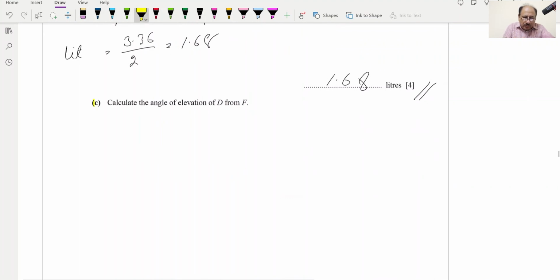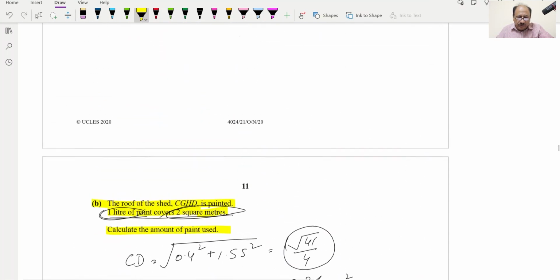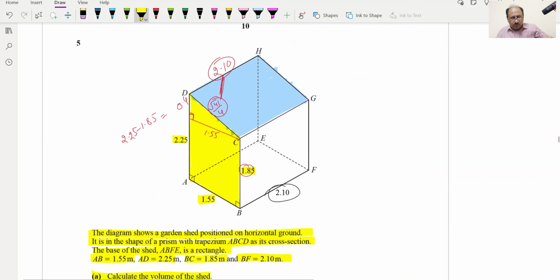Now, calculate the angle of elevation of D from F. First of all, we need to understand which angle is required. D from F will be which angle?